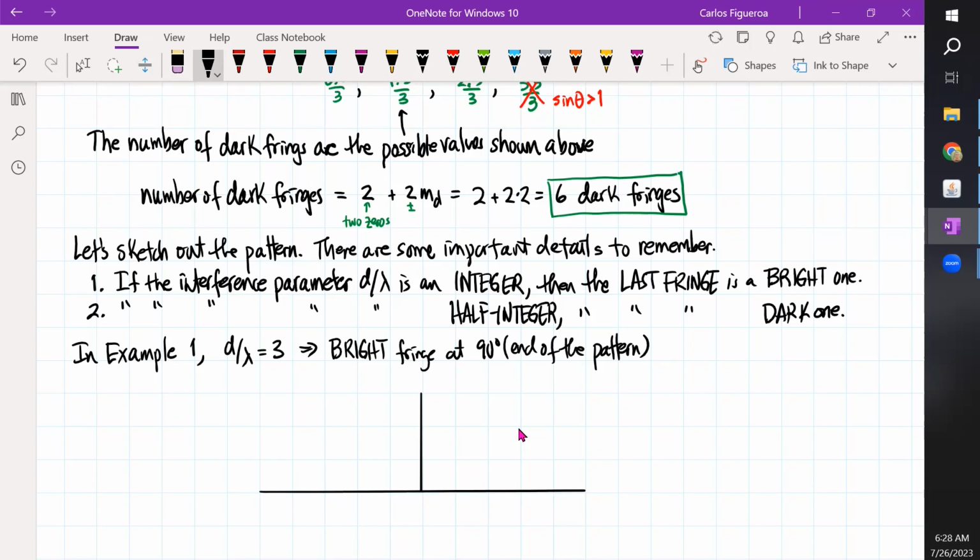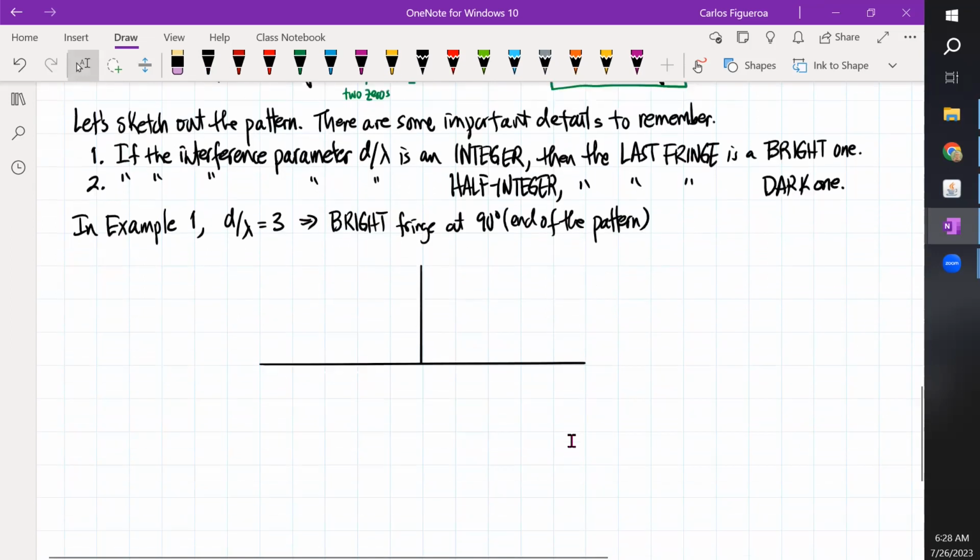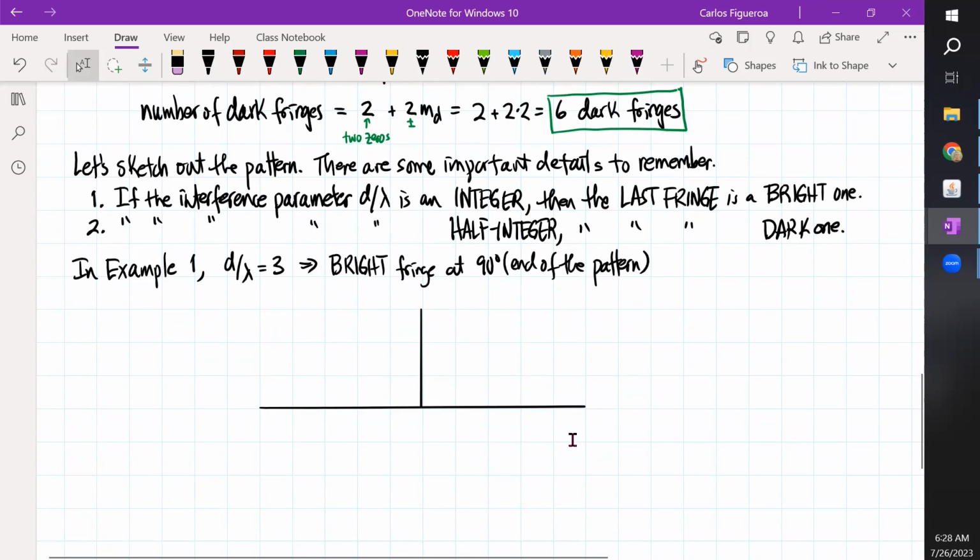I'm going to draw 2 patterns: an intensity profile, and then an interference pattern. I'm going to say that this is 0 degrees right here. I'm going to try to make these somewhat fast, and draw these symmetrically.